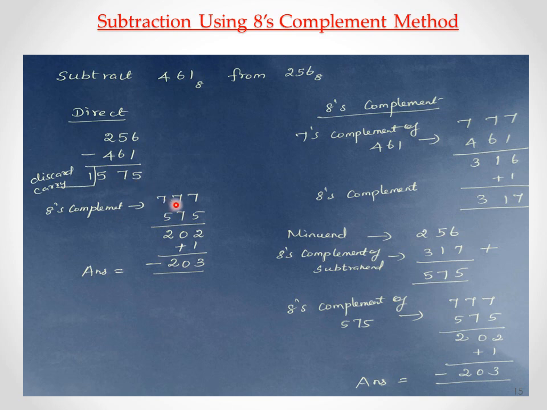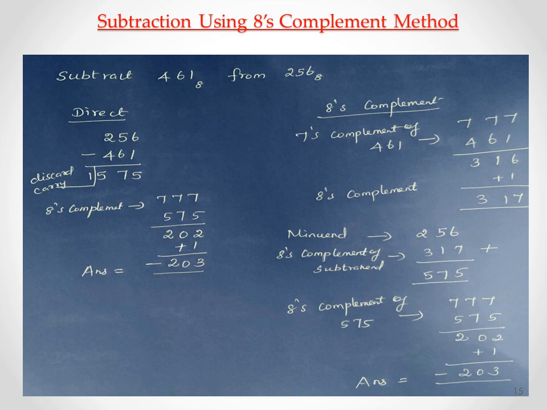So, 777 subtract 575. So, 7 minus 5, 2. 7 minus 7, 0. 7 minus 5, 2. Now, this is the 7's complement of 575. Now, I am going to add plus 1 to the LSB. This will make 8's complement with negative sign.